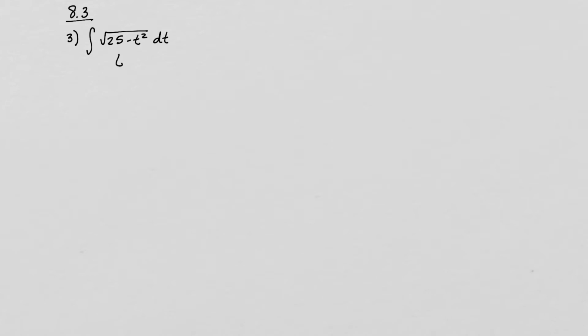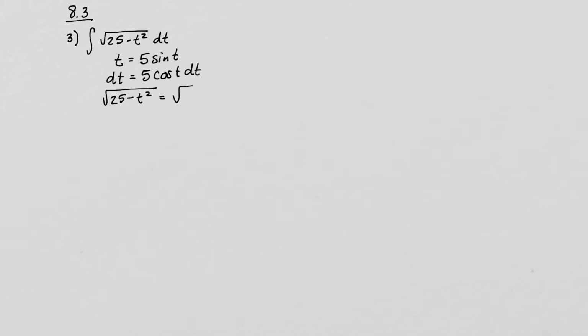So we're going to let t be equal to 5 sine t, which means dt is going to be equal to 5 cosine t dt. And then if I figure out the pieces I need, I have the dt, but I'm going to need the square root of 25 minus t squared.